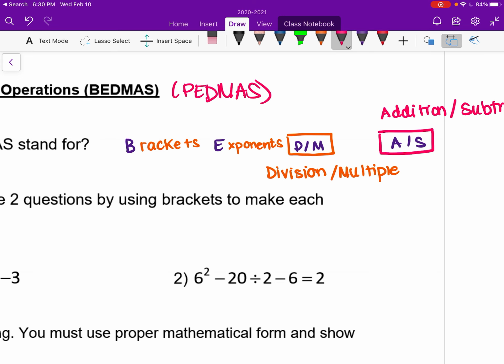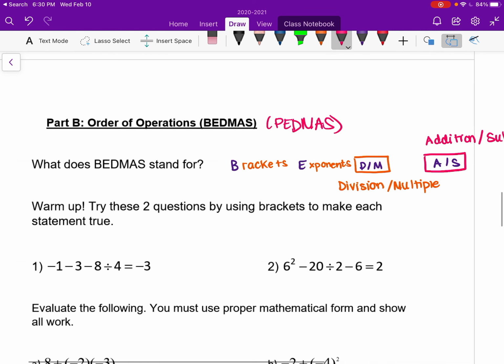What order of operations basically means is when you're given a question, you have to do whatever's in the brackets first. Then you have to do the exponents second. Then you have to either divide or multiply, and the last thing you should do is add or subtract.